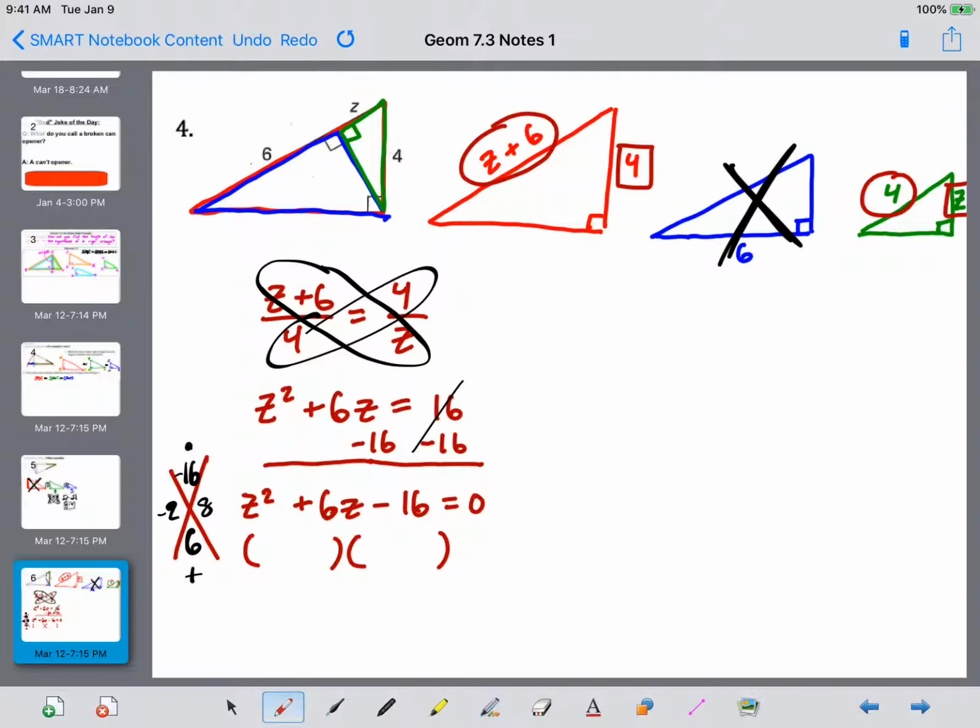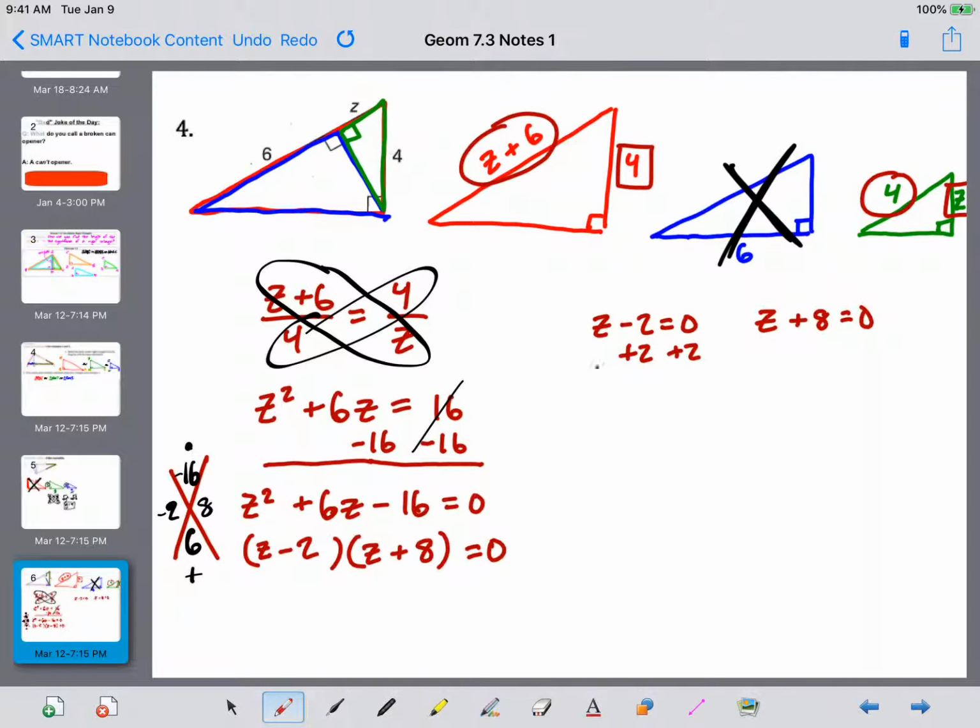All right, so this is going to turn into Z minus 2 and Z plus 8. And then lastly, to solve these, we're going to set each of these factors equal to 0. So we'll say Z minus 2 equals 0, and then Z plus 8 equals 0, and then we can solve.